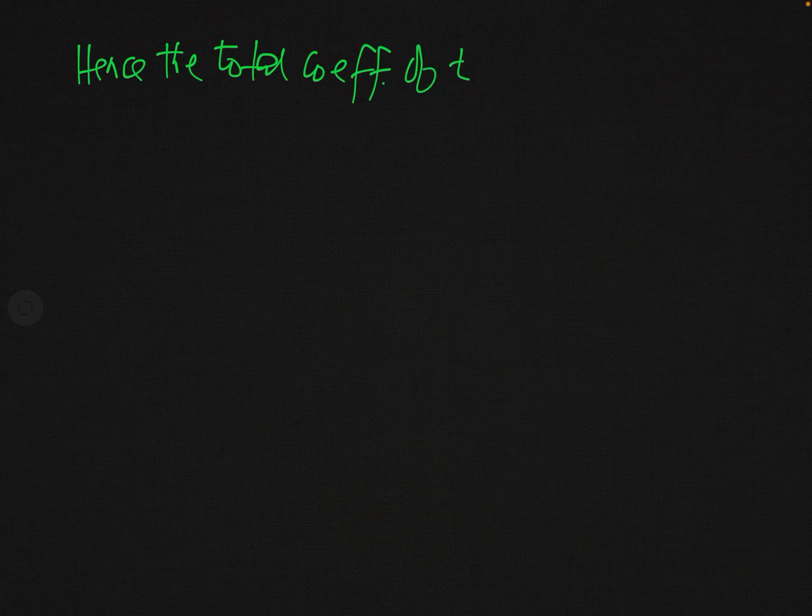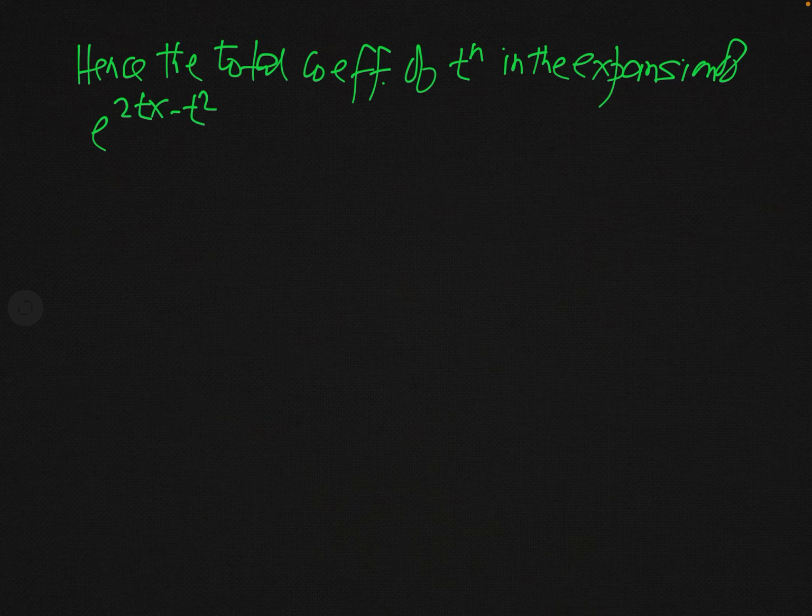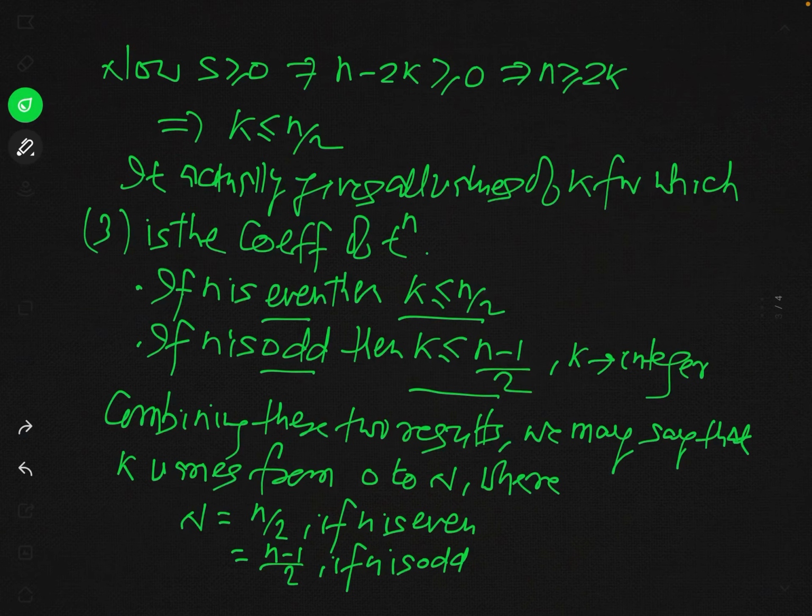So you can see, hence the total coefficient of t raised to the power n in the expansion of e raised to the power 2tx minus t square is given as summation k from 0 to capital N. You can see the definition of capital N, which has been defined just now.